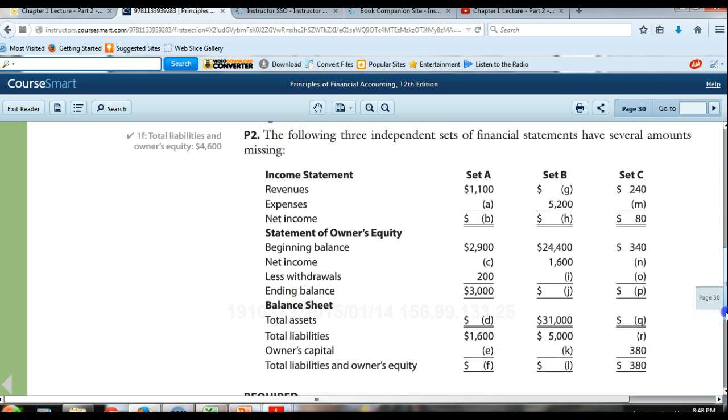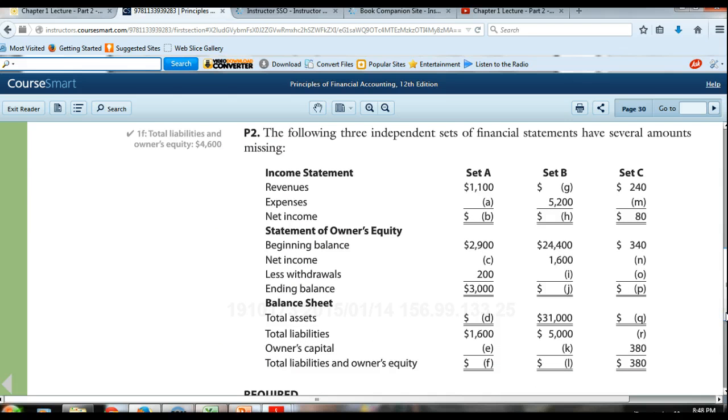In set 1, we need A, B, C, D, E, and F. What do we know? Again, look at our statement of owner's equity here. We know our ending balance, don't we? So if we know our ending balance, we can figure out our net income, can't we?